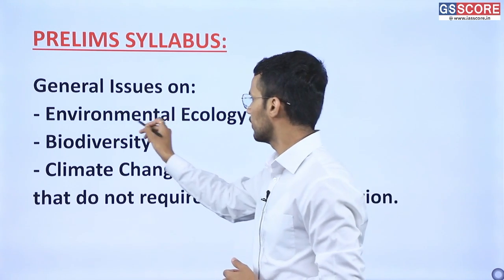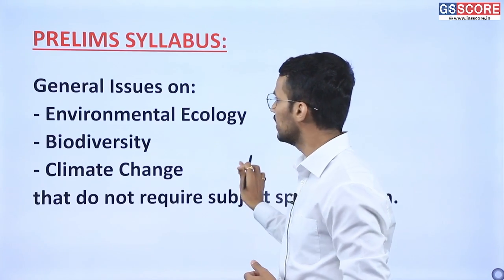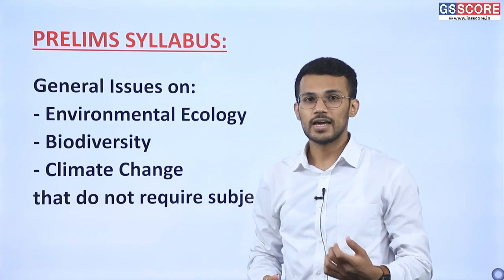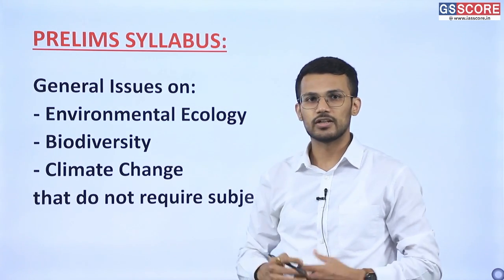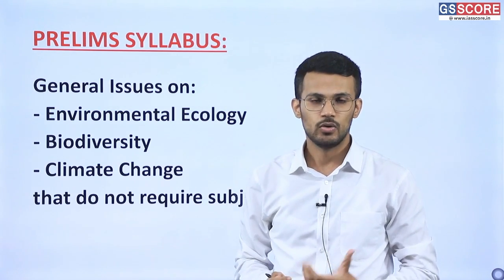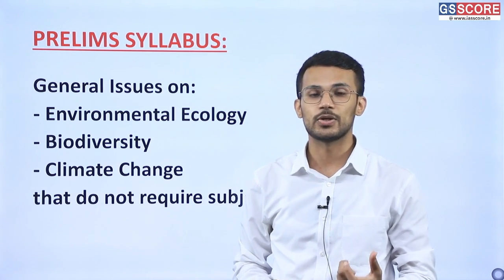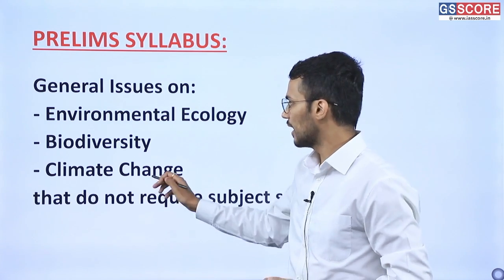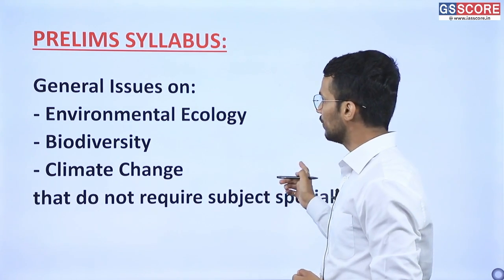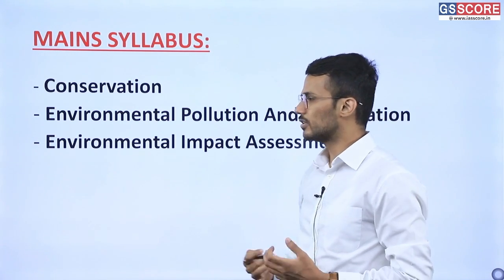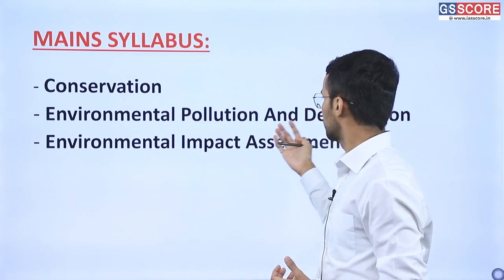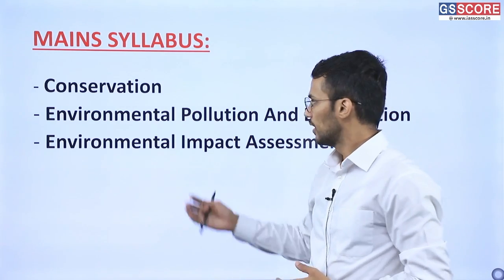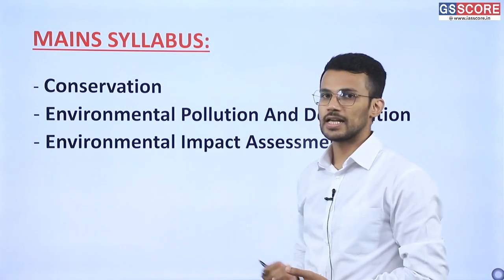For example, environmental ecology, what exactly are we supposed to study under environmental ecology? Similarly, biodiversity, quite an open-ended term. What are we supposed to study under biodiversity? Then climate change. And in mains, again, the terms are conservation, environmental pollution and degradation, and environmental impact assessment.